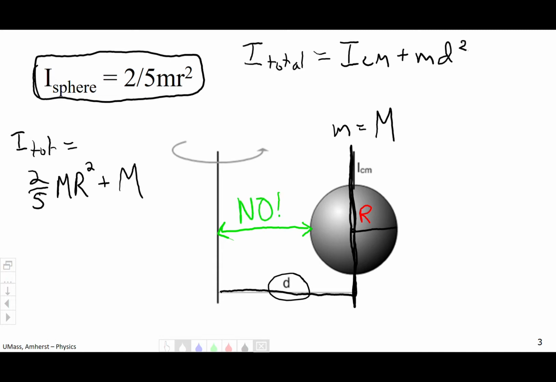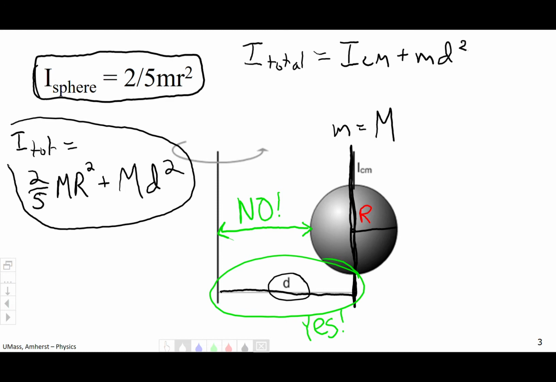Not that distance, but this distance. So plus M, and then that distance is just going to be d squared. And that is it. We just add those two moments of inertia together and we get the new moment.